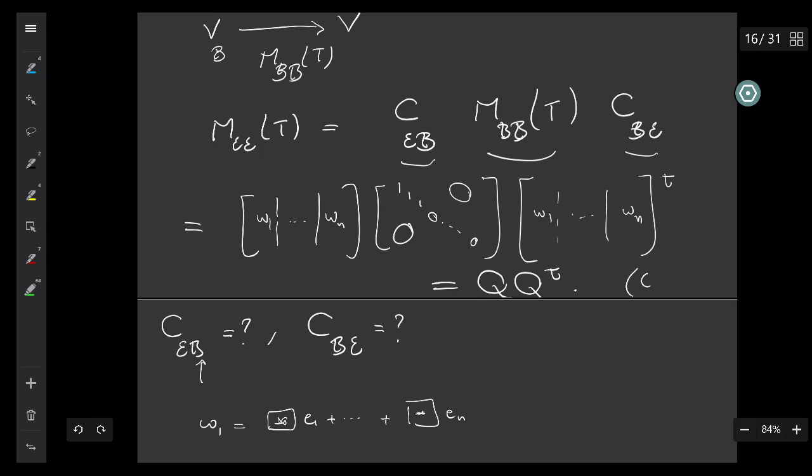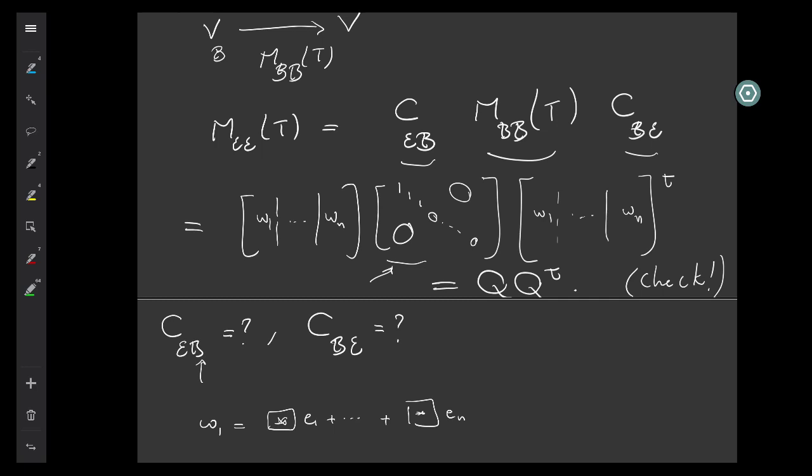Okay, so let's check. Remember that Q is not even a square matrix. But when you multiply this by this matrix here, a lot of information will be lost. So basically, it's not necessary to know W_{k+1} through W_n, and that's actually what it implies.